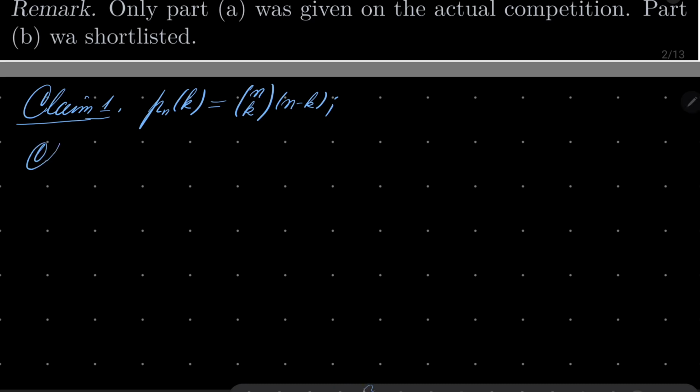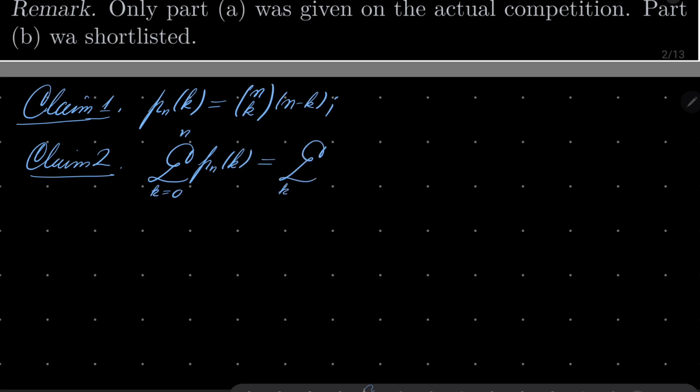My second claim, number 2, is that sum going from k equals 0 to n of Pn of k, which also equals, as we know, sum going from k equals 0 to n of n choose k times n minus k subfactorial, equals n factorial. How can we justify it? Well, think about it.